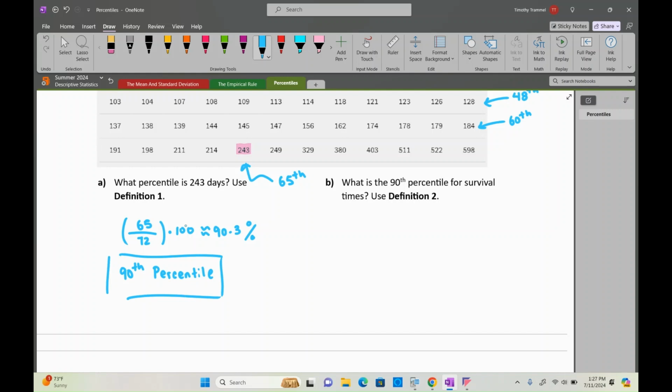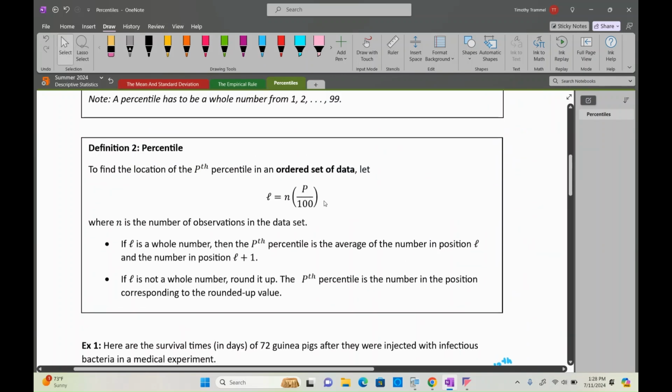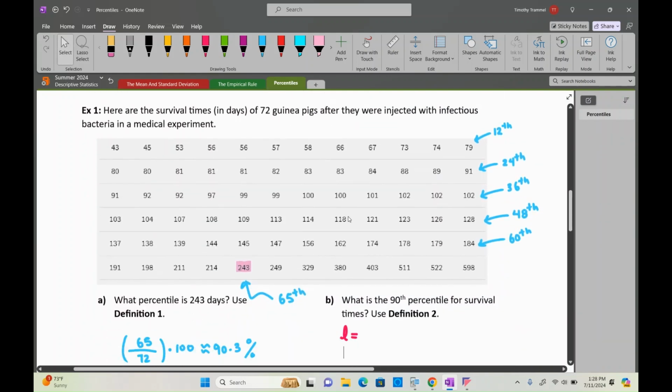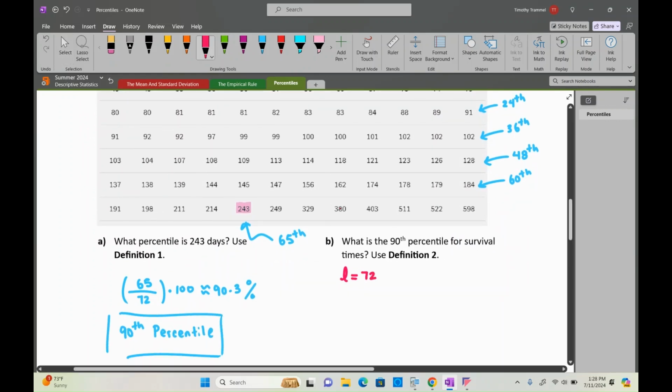Now we want to find the 90th percentile, so we need to identify its location. I want to use that formula, L equals, and let's remember what it looks like. It was N times P over 100. And again, N is how much data we have. We have data on 72 guinea pigs, so N is 72.